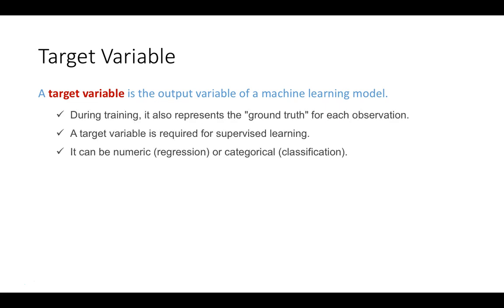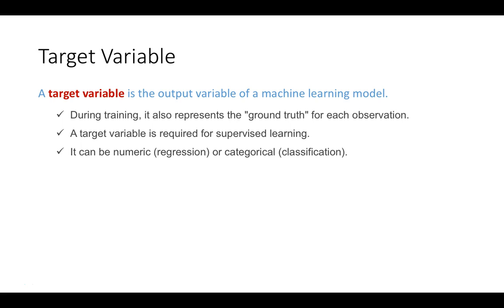Let's talk about target variable now. So what is a target variable? A target variable is the output variable of a machine learning model. During training, it also represents the ground truth for each observation. If the ground truth is available in the data set, then we call it labeled data. A target variable is required for supervised learning.